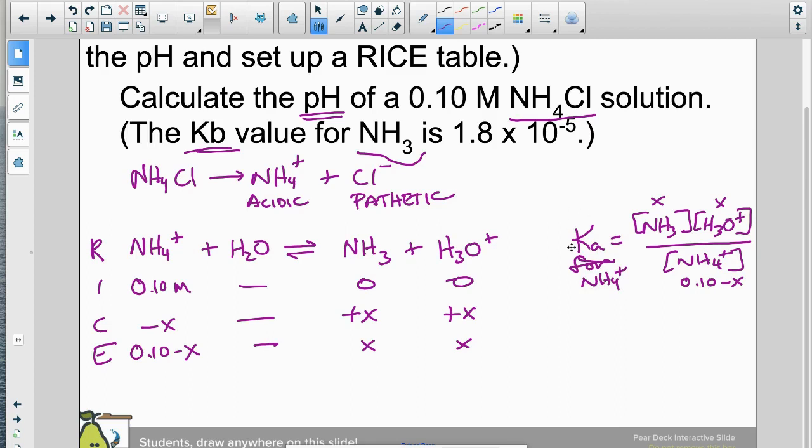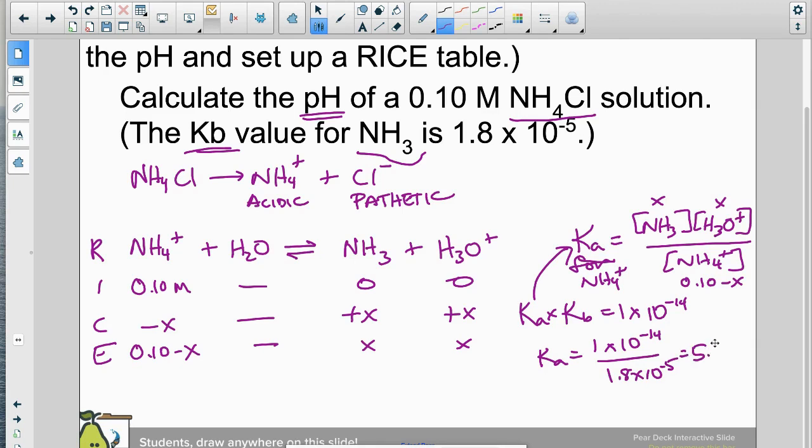So we need to calculate this Ka, and that's where our Ka-Kb relationship comes up, right? Ka times Kb equals 1 times 10 to the minus 14. So we can solve for Ka by using our Kb value, 1.8 times 10 to the minus 5.